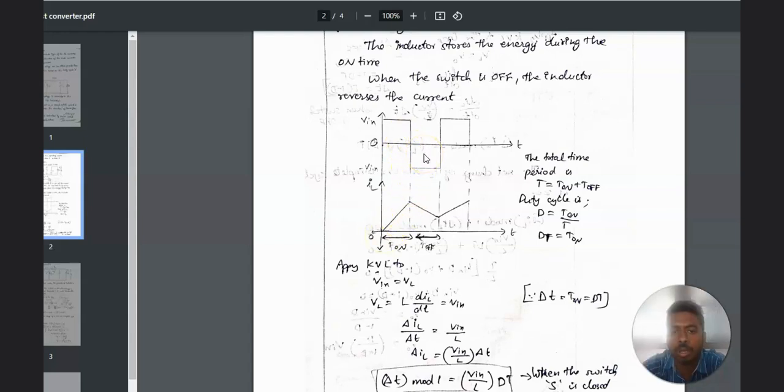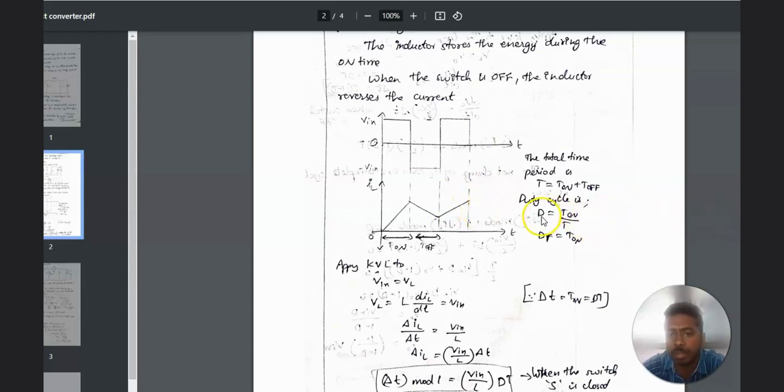When the switch is turned off, that is, when the circuit becomes open, the inductor discharges. For one complete cycle, the inductor charges and then discharges, and this process is repeated for the remaining cycles. Again when the switch is turned on, the inductor charges, and when the switch is turned off, the inductor discharges.